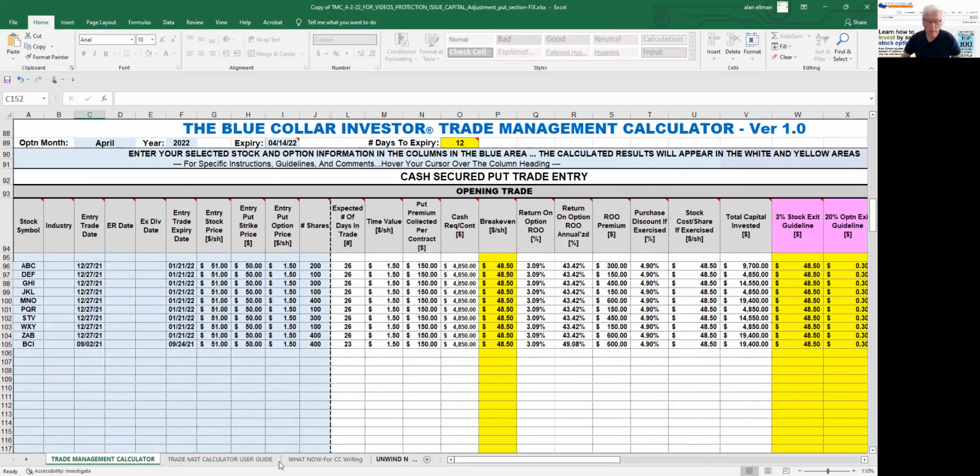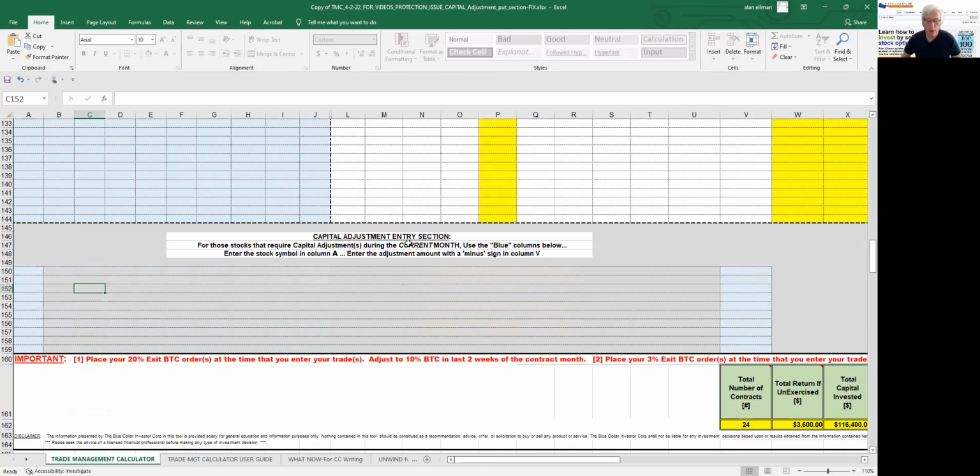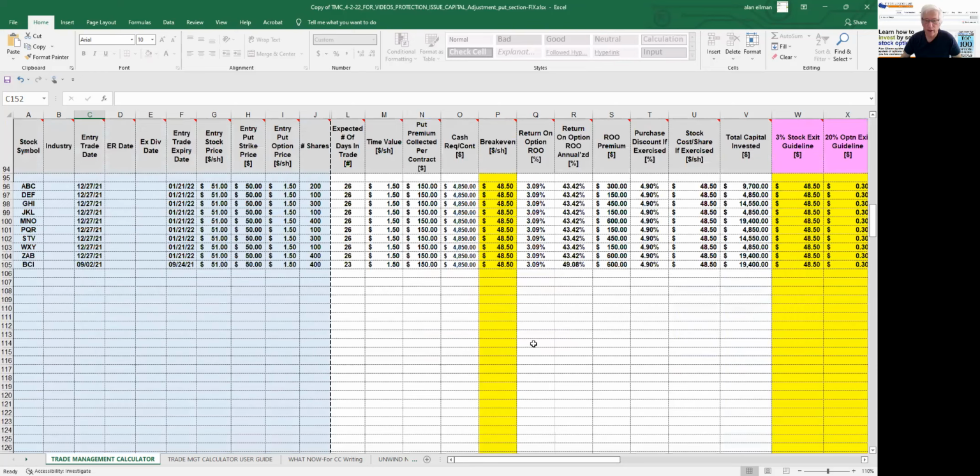You'll see the 4 tabs at the bottom are with us all the time. And then if we scroll down, you also will have that capital adjustment entry section for selling puts, as well as you can see a little piece of the total portfolio initial calculation results. We'll show you that in more detail when we go top to bottom and left to right.